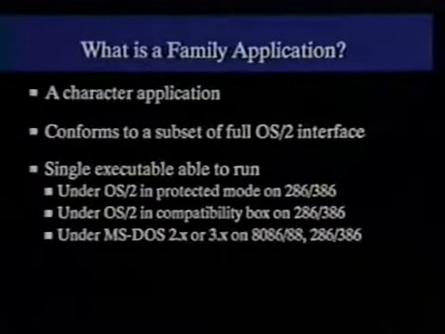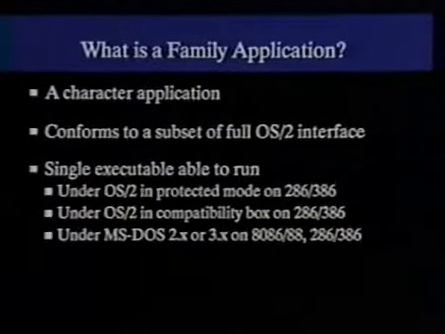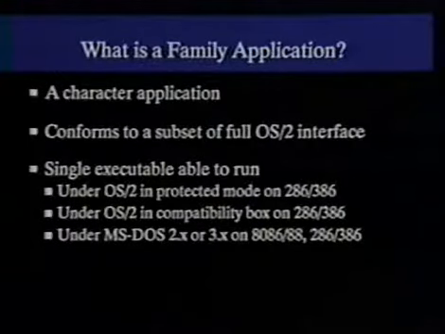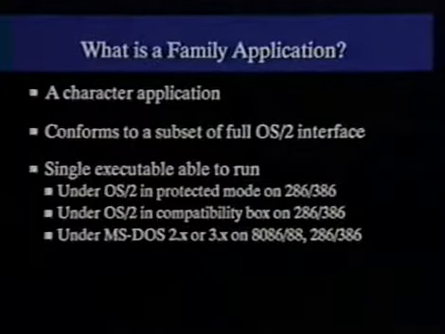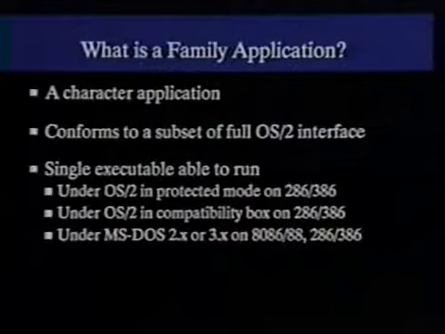Now I'd like to move on and talk about family applications. These are a type of application that conform to a subset of the full OS2 character application interface, and they are able to run under OS2 in protected mode on a 286 or 386, under OS2 in the compatibility box on a 286 or 386, or under MS-DOS version 2 or version 3 on an 8086, 88, 286, or 386.